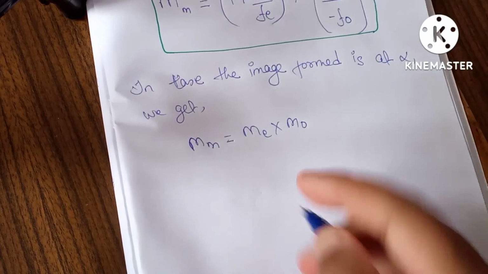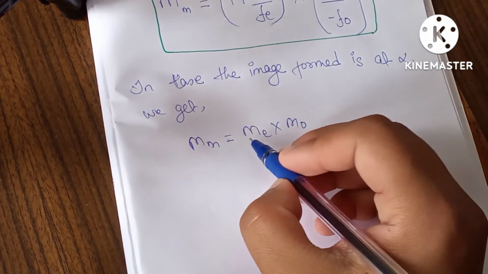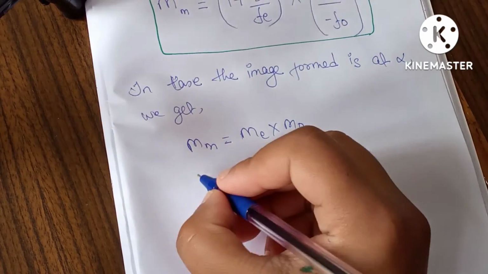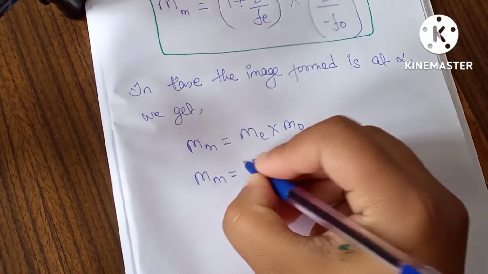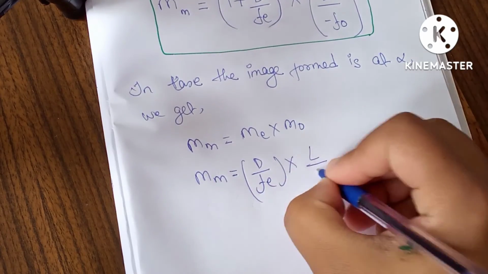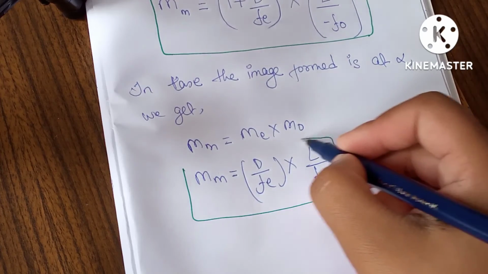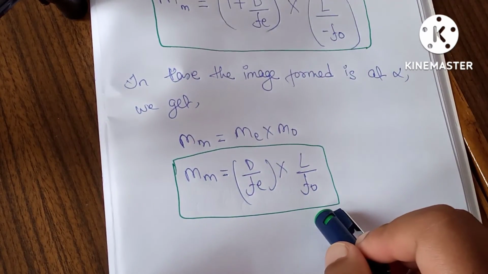We have already calculated this. So when the image is formed at infinity, the magnification of a simple microscope becomes D by FE. So the final expression will be D by FE into L by FO. This is the final expression when the image formed is at infinity. So this is the calculation part of the compound microscope.